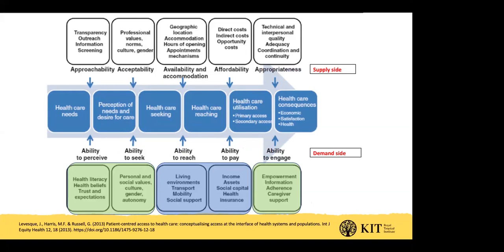In my original presentation, it was red, but now you can see some boxes in blue: ability to reach and ability to pay. Those are the places where cash and voucher systems will directly have an effect. And in a more indirect way, it is expected that it can have effects on ability to perceive, to seek, or to engage, be it by providing, for example, more autonomy within the household, or by empowering women to seek for services.